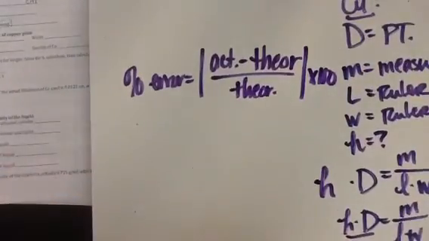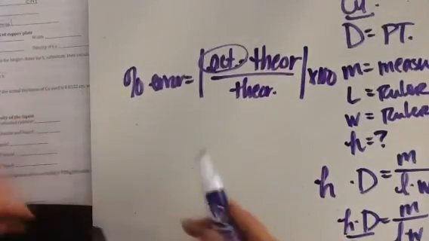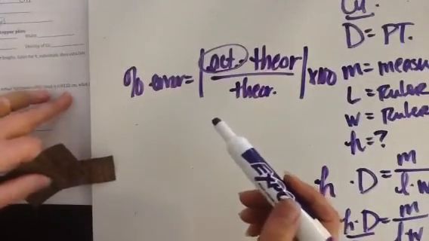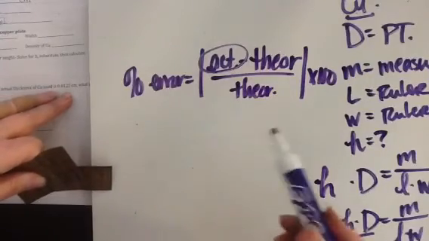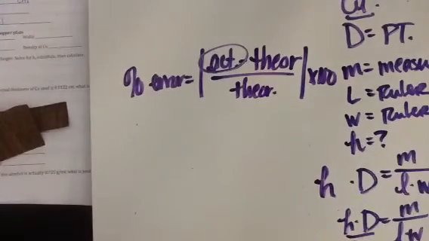Turn it into a percent. So actual, what did you actually get in lab, minus theoretical, what was it theoretically supposed to have been, I gave you that in the problem, divided by theoretical times 100. And it's the absolute value because I don't care if you had too much or too little, I just want to know how far off you were. Okay?